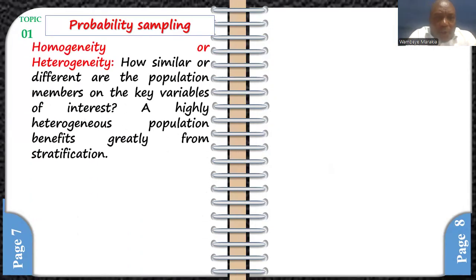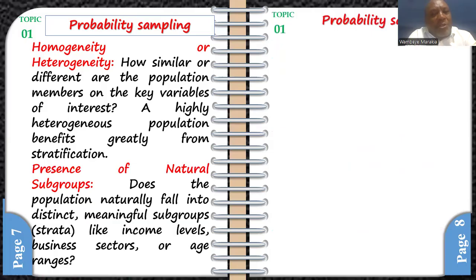Also, look at the homogeneity or the heterogeneity of the population. How similar or different are the population members on the key variables of interest? A highly heterogeneous population benefits greatly from stratification.